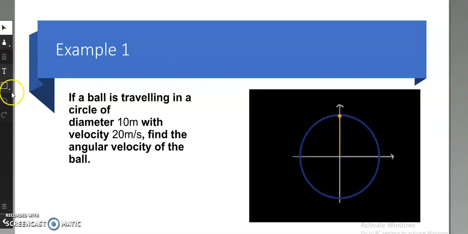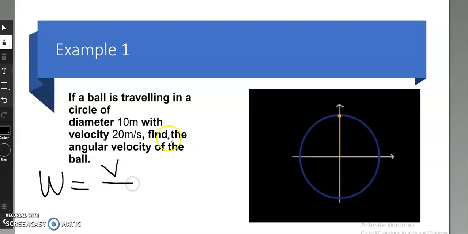So if you recall from the lesson, we're given the formula: angular velocity is equal to the velocity over the radius. Lucky for us, that's everything they've given us.